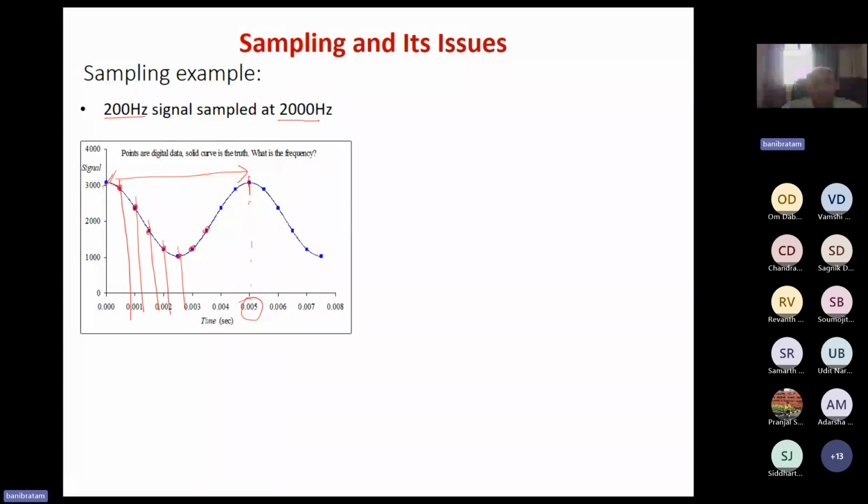Because after discretization, I will be getting discrete points or discrete signals, and then I will be sending that discrete signal to the digital signal processor or some microcontroller, where the microcontroller will analyze those digital data and do some operation in the digital domain itself.